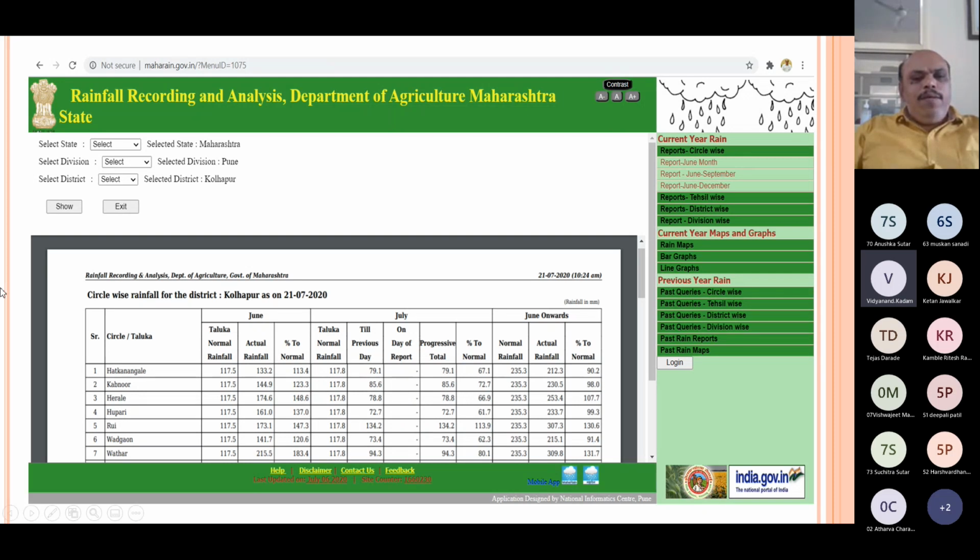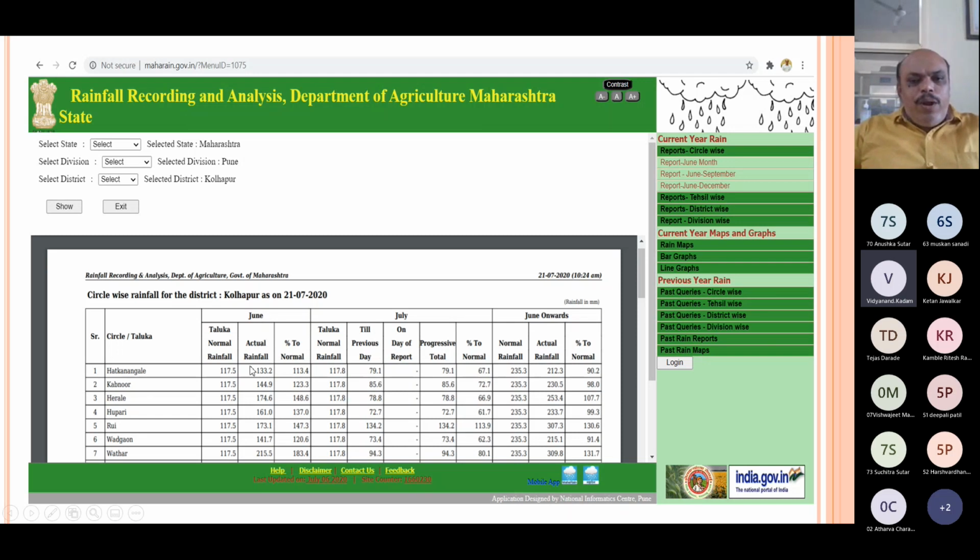Now consider the first information. It is regarding Hatkanangle circle. For Hatkanangle circle in the month of June, what is the actual rainfall? The actual rainfall value is 1333.2. Whereas what is the normal rainfall value? The normal rainfall value is 117.5.